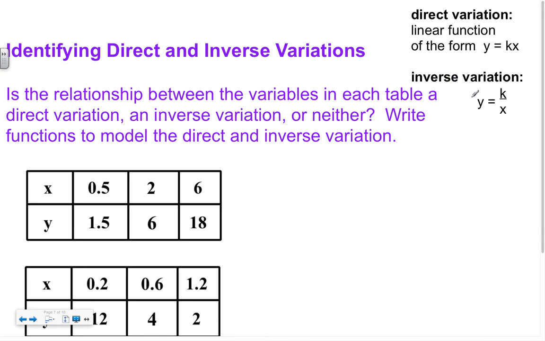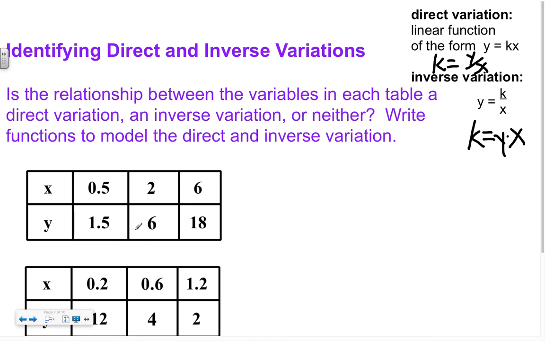Inverse variation will look like this, y equals k over x. So if we actually solve for k in each one of these, for this one, if I divide both sides by x, k would be y over x here. And if I solve for k here, my k would be y times x, or x times y by the commutative property.